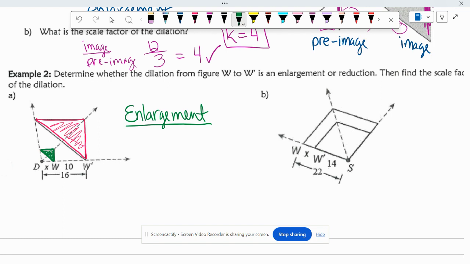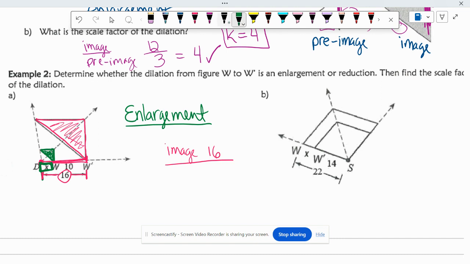So when you think about the scale factor, this 16, do you guys see this value right here of 16? That's comparing the whole distance from the beginning to where it ended. So that measurement goes with the image, right? The new object has a measurement of 16. The original, the pre-image, has a measurement, I don't know if you guys can see that down here, of what?